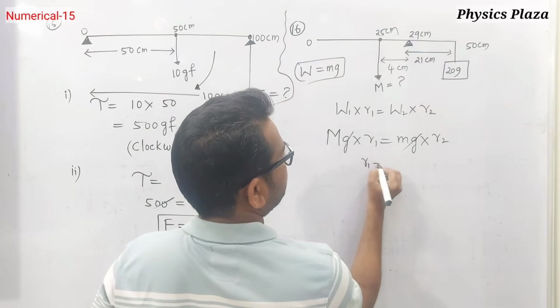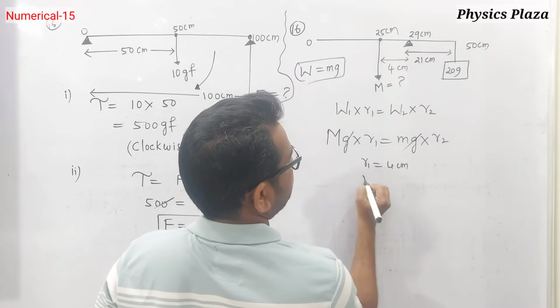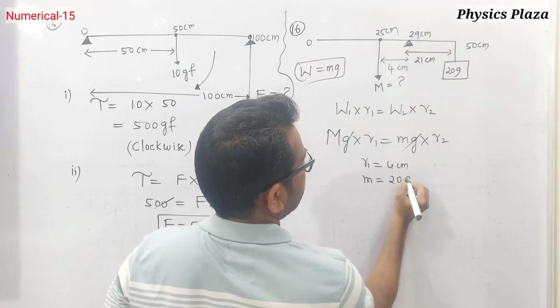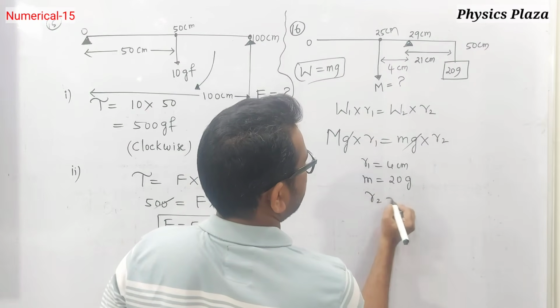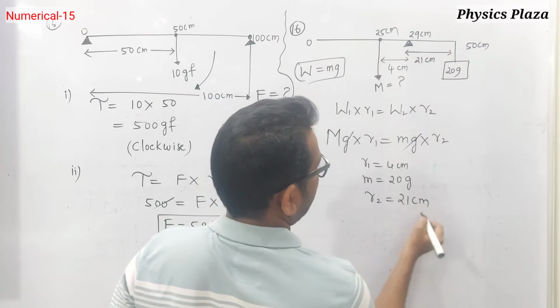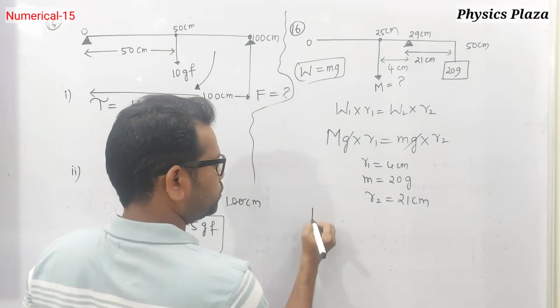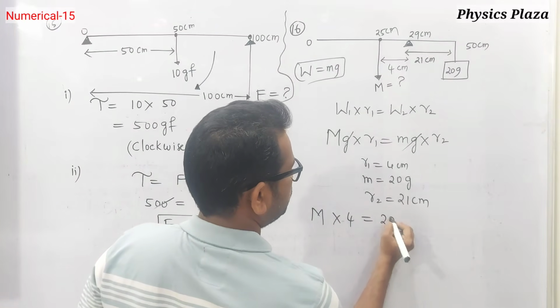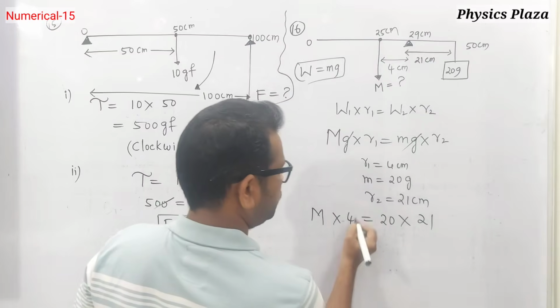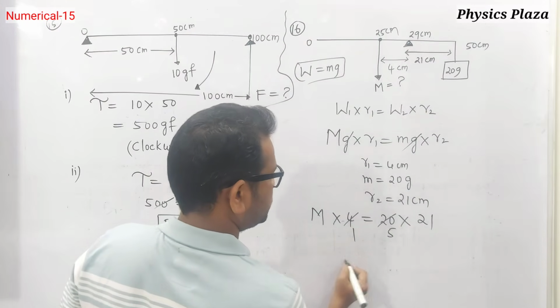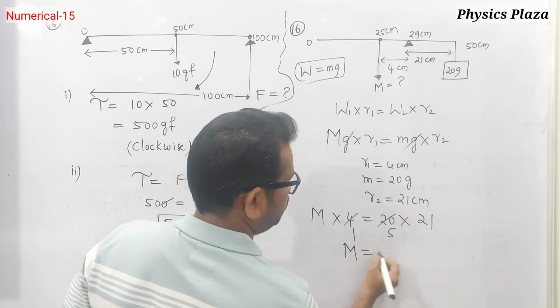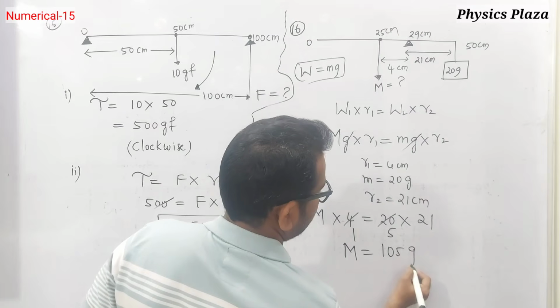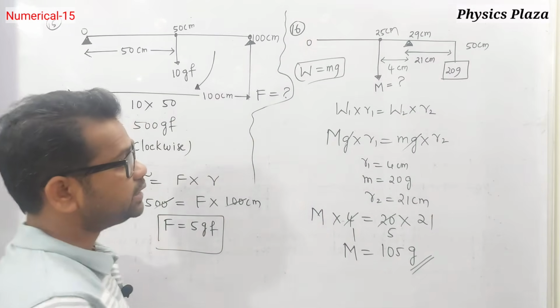Here R1 is equal to 4 centimeters, small m is given as 20 grams, and R2 is going to be 21 centimeter. Now let us substitute. So capital M into 4 is equal to 20 into 21. 4 fives are 20, so capital M is going to be 105 grams. Hope it's clear? Fine. This is the second part.